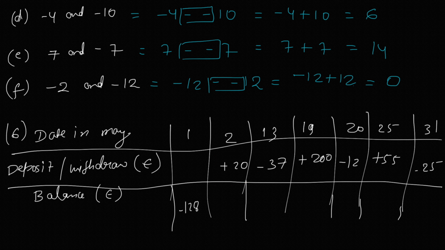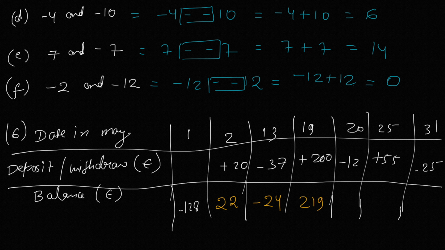So you can add 2 plus 20 is 22. Now here you can add positive and negative. So 13 minus 37 is going to be negative 24. 19 plus 200 is 219.